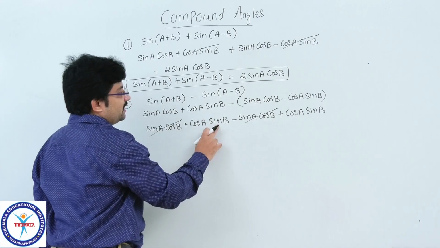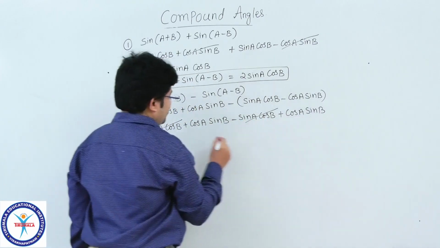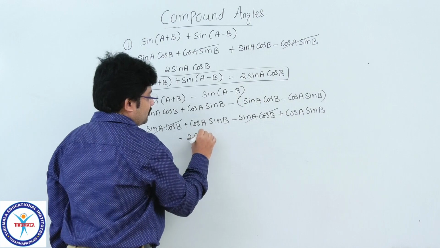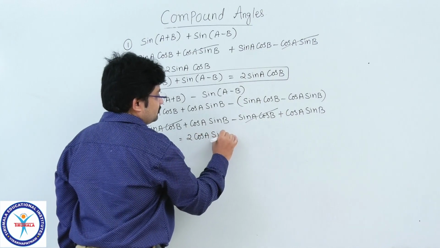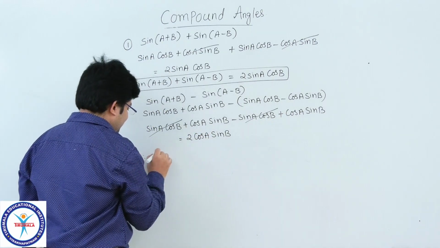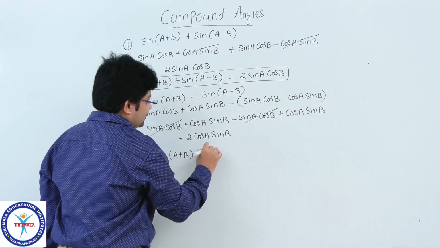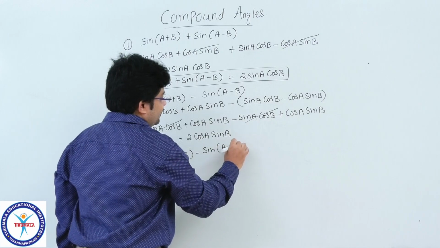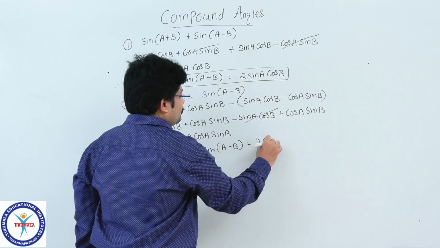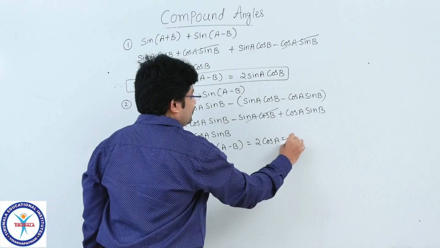Cos a sin b plus cos a sin b, that is 2 cos a sin b. Therefore, another result is sin(a+b) minus sin(a-b) is equal to 2 cos a sin b.